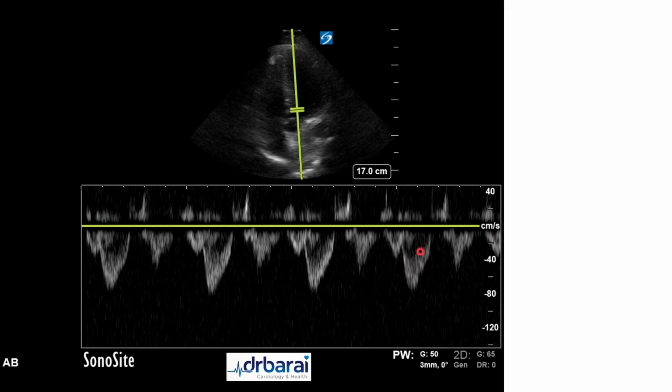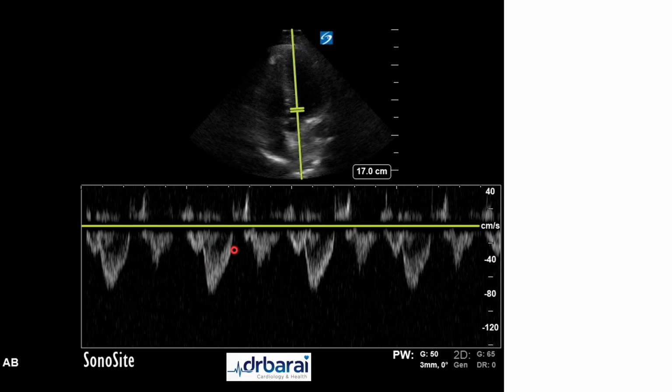They look like bullets, and we use the finger painting technique to trace the edge of these bullets. We start from here, go all the way to the bottom and finish here. Once we do that, the machine will do all the calculations and give you the exact VTI.